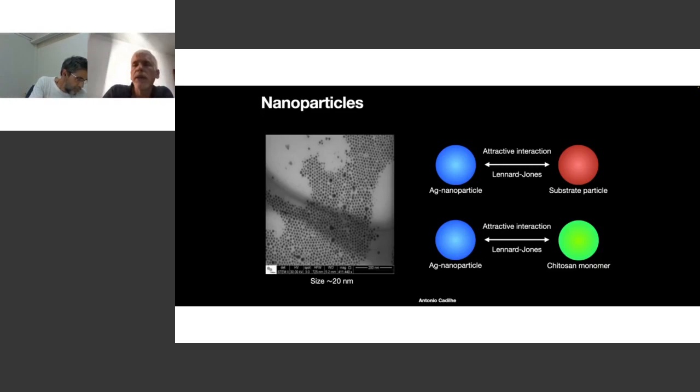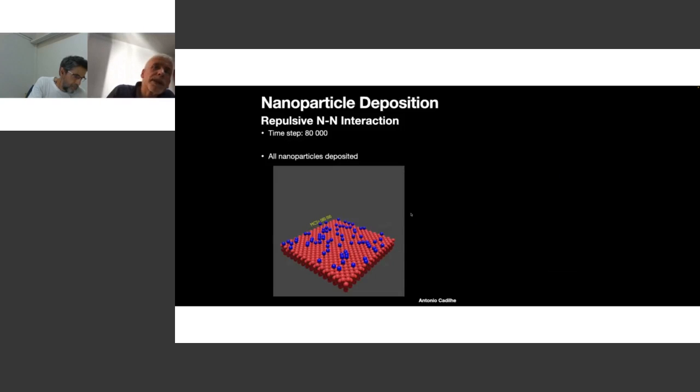So I immediately thought of a way to describe a sample that could be in this case or one that is fully dispersed, and I came up with a simple model that I call the nanoparticle deposition one, where in one case the nanoparticles just have a repulsive interaction.